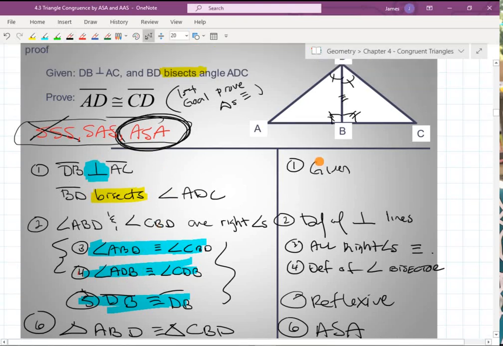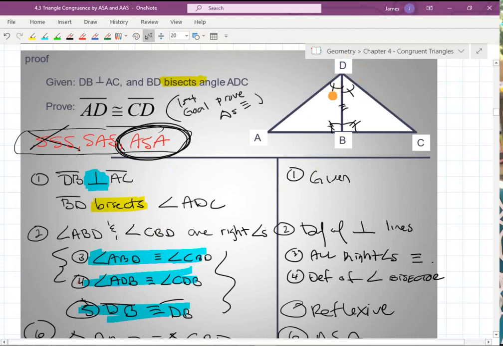They will implicitly give you two of them. You will then usually have to look at your picture. So right now, this third one is always found by looking at overlapping segments so far, okay? But sometimes there might be a segment addition process or an angle addition process that we go through that will allow that third congruency to formulate, okay?